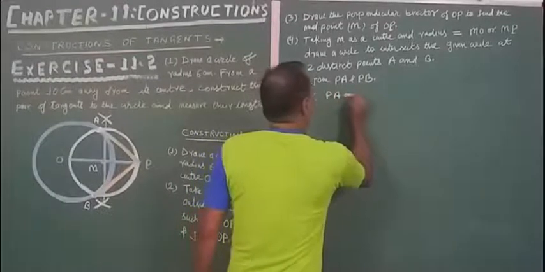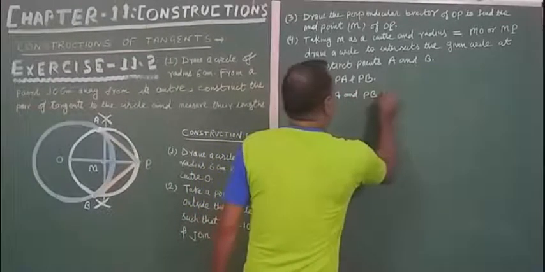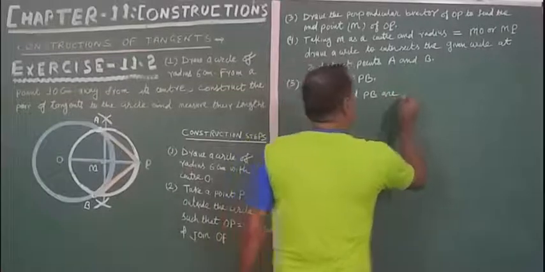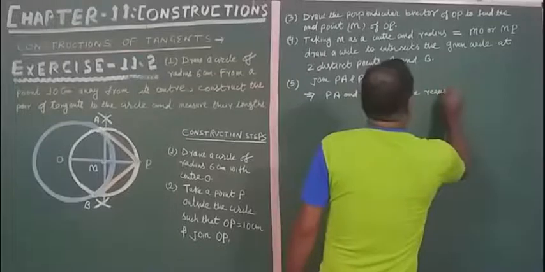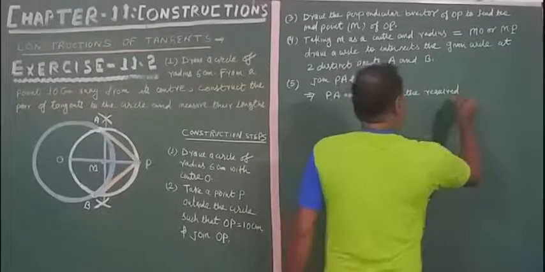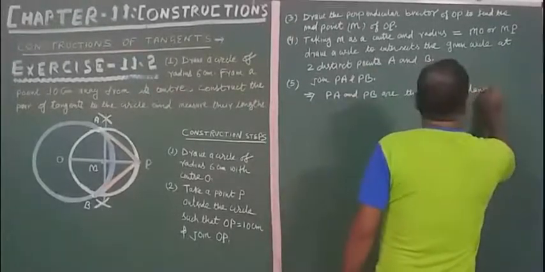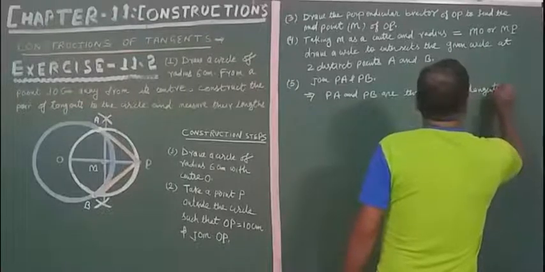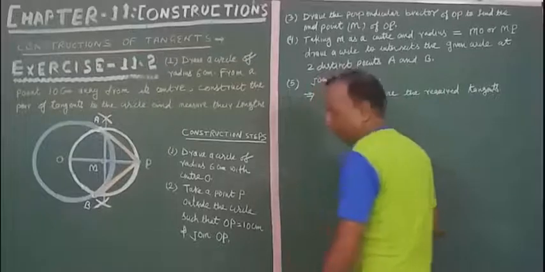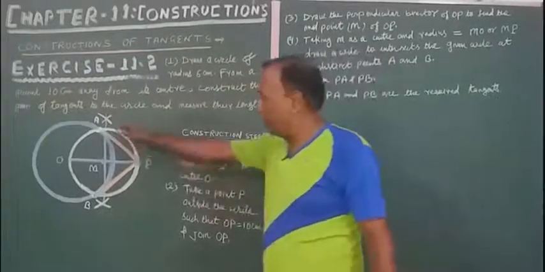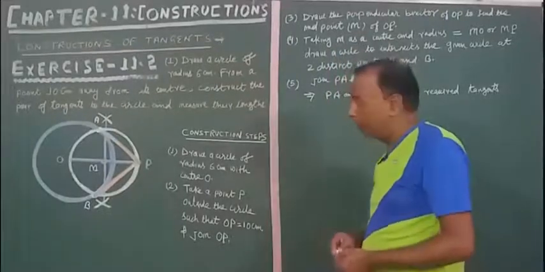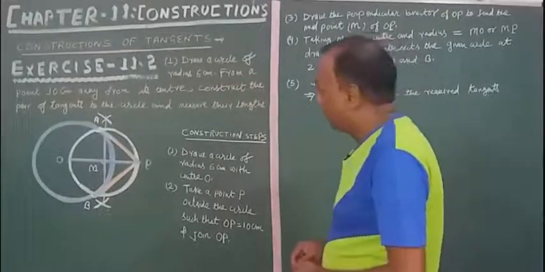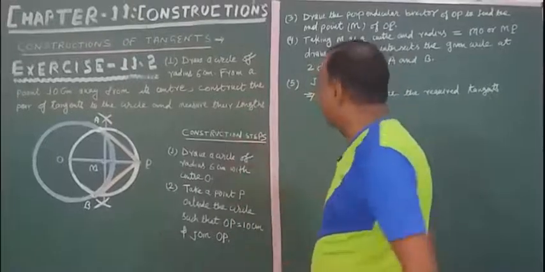PA and PB are the required tangents. And finally it would ask to measure their lengths.